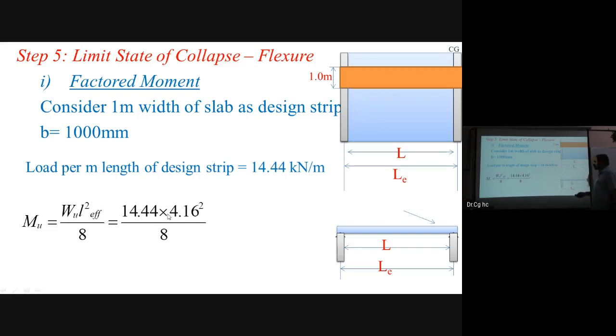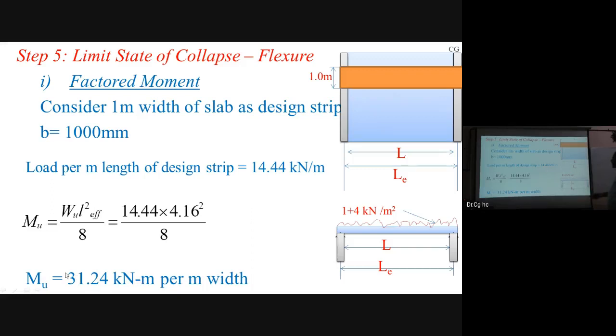Ultimate moment is 31.24 kilonewton meter per meter width, that is moment MU we are going to get. We must release this much moment; we have to prepare a reinforced cement concrete slab that can resist this moment, isn't it?